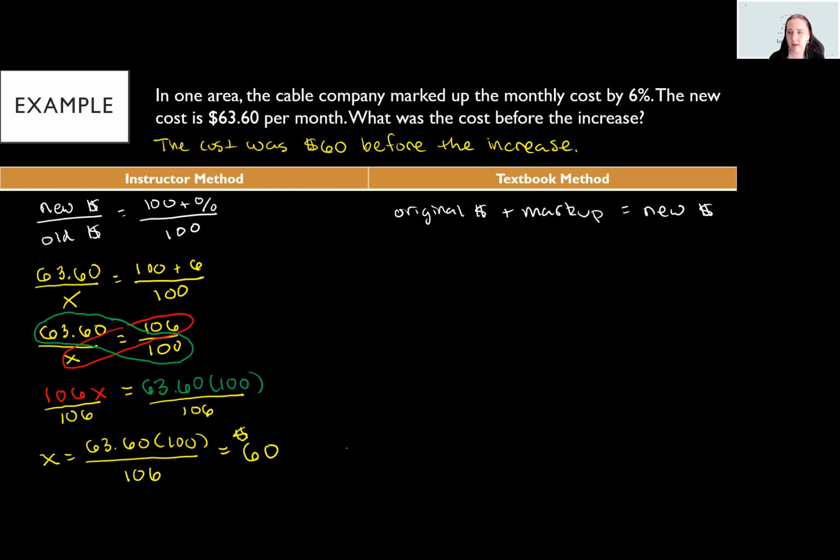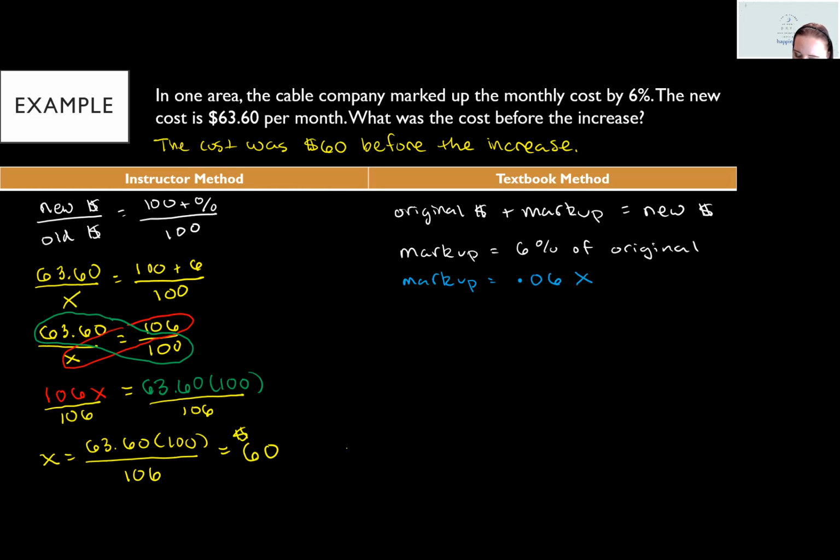But that is not actually what it is. The markup is 6% of the original price. And we don't know the original price. That's what we're looking for. So if you start using X for your original, you get your markup as you take your 6%, make it a decimal.